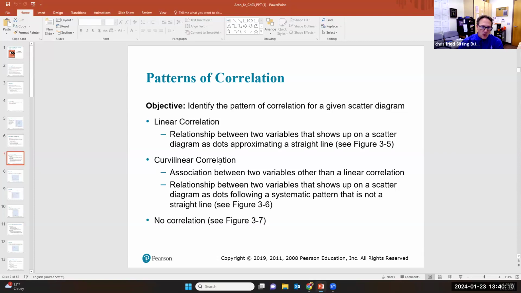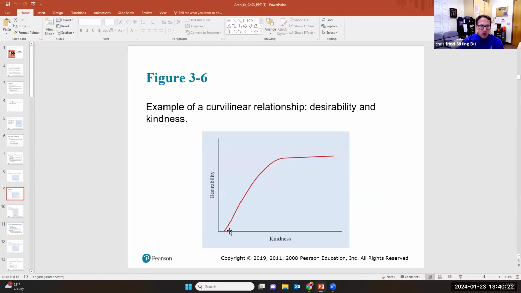Curvilinear correlation shows an association between two variables other than a straight line, or linear, correlation. It shows a systematic pattern that is not in a straight line. Here you can see that this curves a little bit more. It might be straight for a little bit, but then it goes off in a different direction.